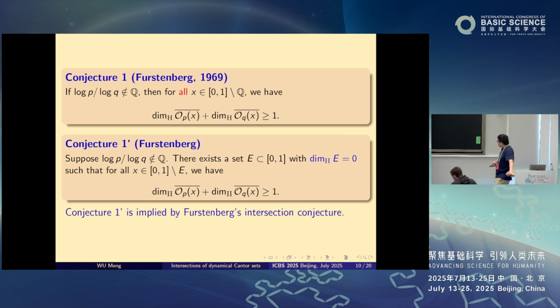conjectured conclusion. And as we will see, this weak conjecture is true, and it is implied by the intersection conjecture that we are talking about now.